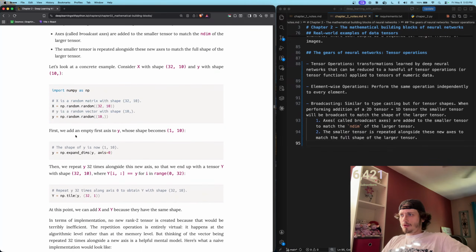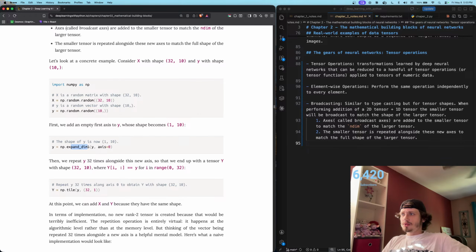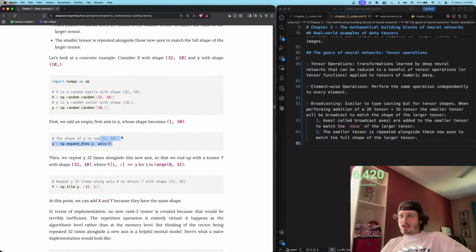We add an empty axis to Y, so we expand the dims, and its shape becomes (1, 10): one axis, with 10 units inside.